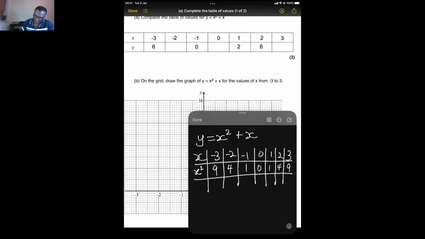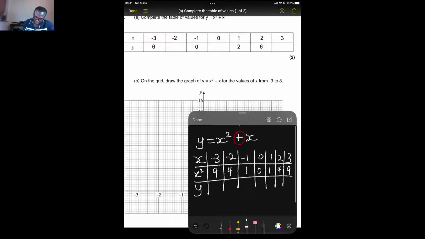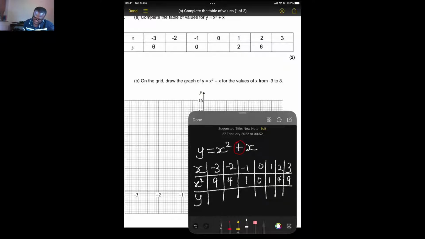To get y from the equation, we know that y is where we add x to our x squared. So to get our y, we're going to work out adding these two values. That's our x column and that is our x squared column. If we add these two values, we'll have 6 here for y, and then that will give us 2.